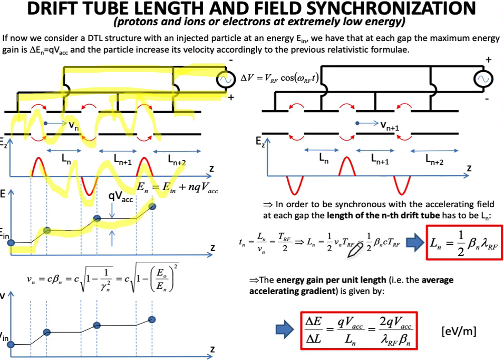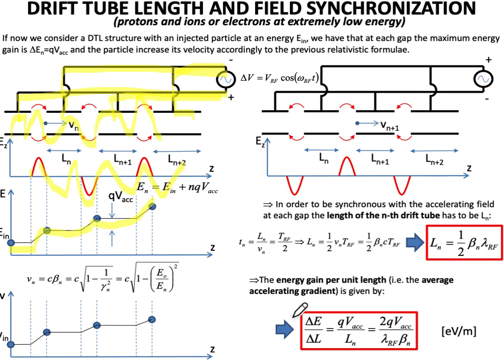Here v is the velocity of the particle, and the relation between the velocity of the particle and the velocity of light, v by c, is equal to beta. According to that, L_n is equal to half beta times lambda, where lambda is the wavelength of your sinusoidal wave.